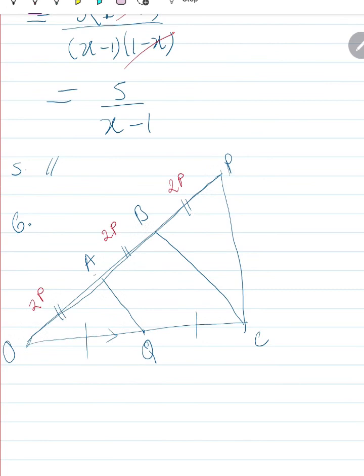Okay, next we have been told that OQ is equal to q. So from O to Q, the length is q. Okay, so don't forget to put the underscore, to underline it. So from O to Q, the length is q, but we've been told that Q is the midpoint of OC, so meaning that QC is q as well.